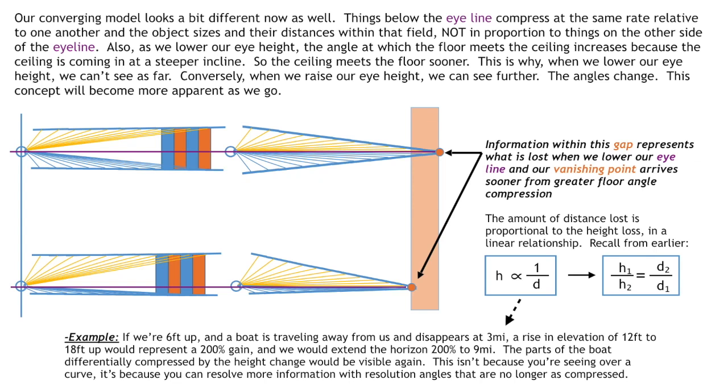But this isn't because you're seeing over a curve, it's because you can resolve more information with resolution angles that are no longer as compressed as they were previously. So again, you're decompressing these compressed angles to the point where now the information is resolved. The light rays are now more resolved, and you can distinguish the object again.